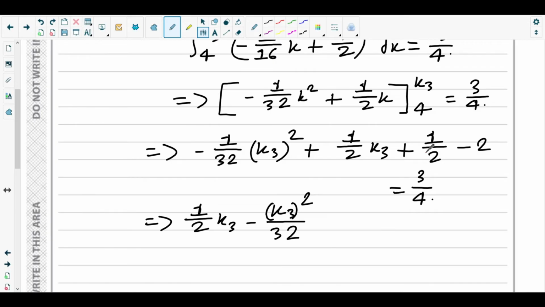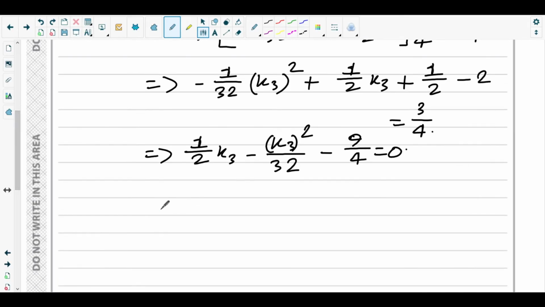So 0.5 minus 2 minus 3/4, that is basically -9/4. -9/4, this is equals to 0. Now multiply both sides by -32. So you will get x3 whole squared, and then it will become -16 x3, and it will become plus, negative makes it positive, so 32/4 is 8. And 8 times 9, it is 72. This is equals to 0.